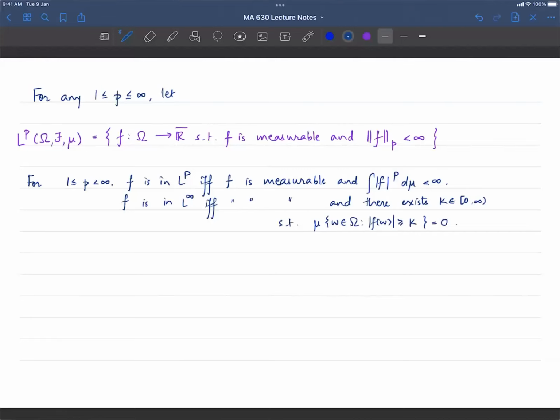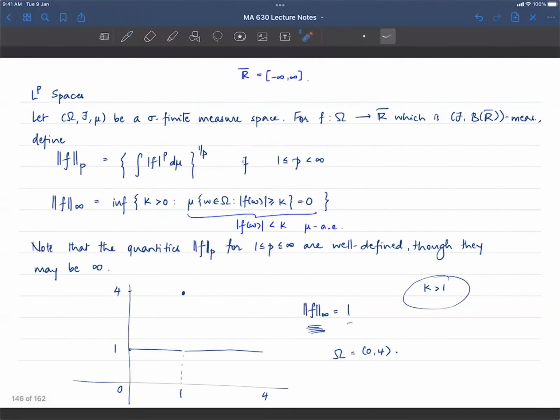Excuse me, sir. Yes. Sir, is it necessary to mention that f is measurable? Because if we are saying that the p norm of f is less than infinity, that also means the norm is defined only for measurable functions. Okay, so the thing is, we are always going to be assuming measurability. I see your point. You're saying that this symbol was only defined for measurable functions, correct? Is that what you're saying, Poonam?